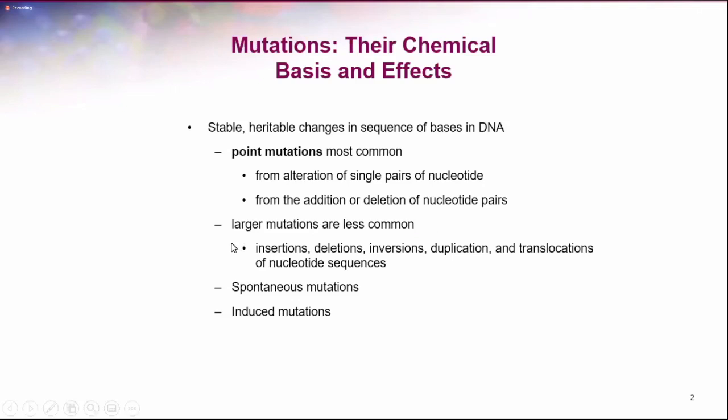And then you can have larger mutations, which are not so common in bacteria, but we're going to see that there can be certain elements that can go into the bacterial circular genome, making a new novel mix of DNA, and that will of course contribute to these larger mutations.